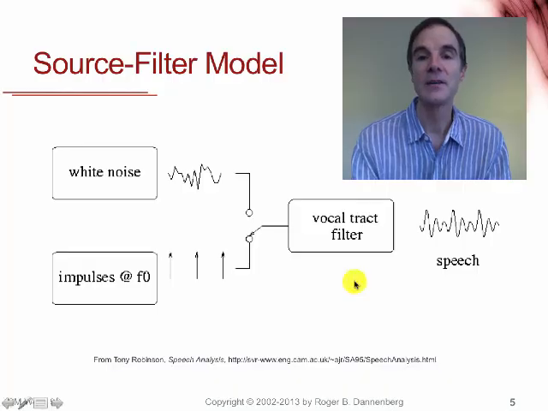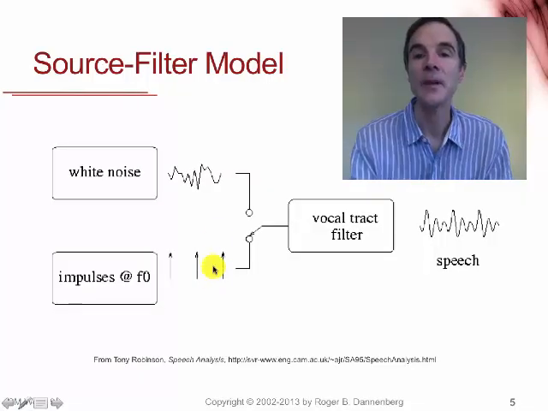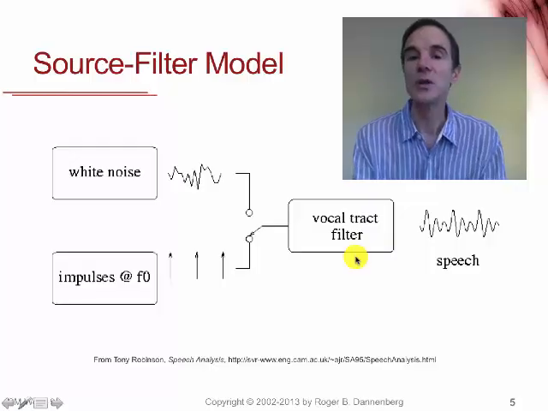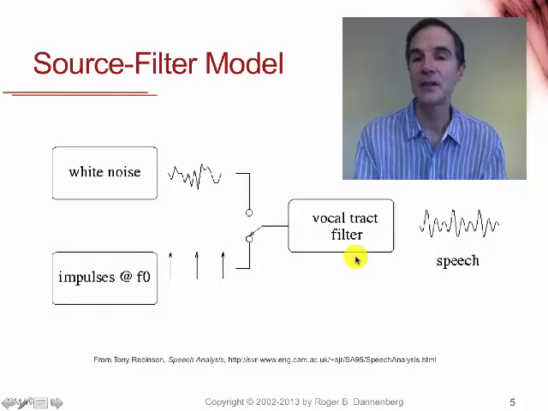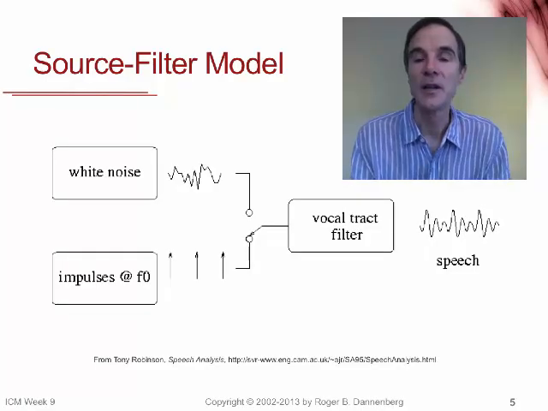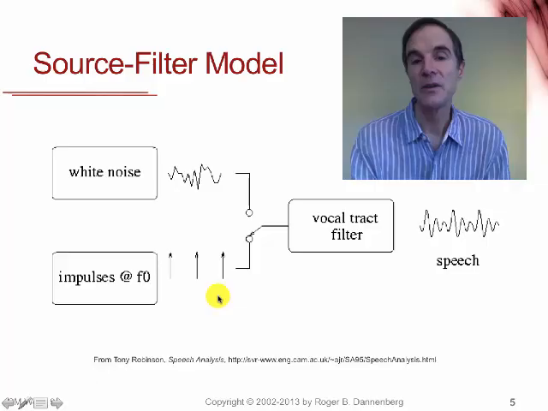F sounds have a strong noise component, and the vocal cords just stop vibrating. All right, so whatever the source is, that source goes into a vocal tract filter, and this is characterized by these resonances, these formants that you saw on the previous slide. And after filtering the source of either noise or impulses, then you get speech sound.